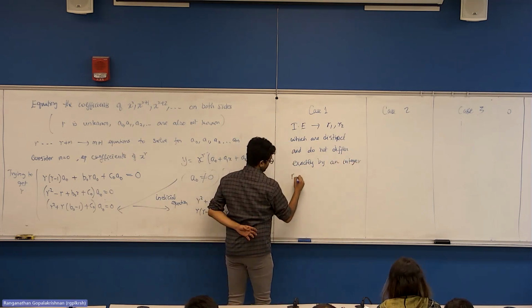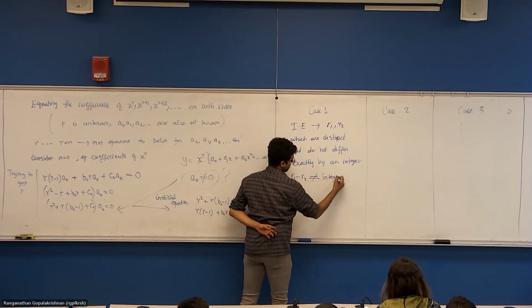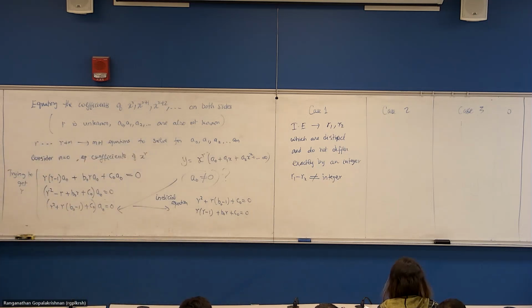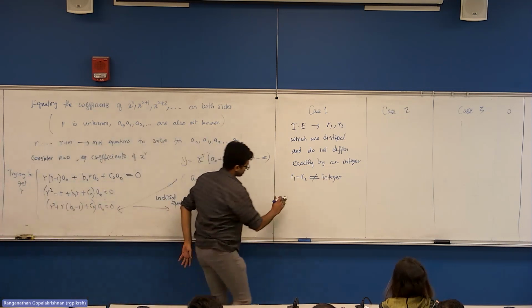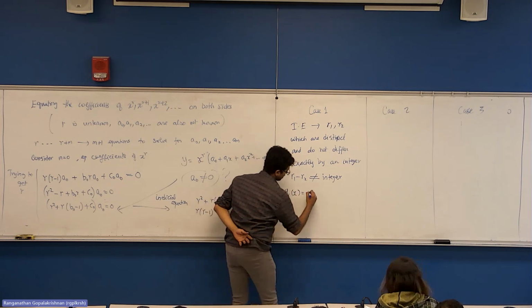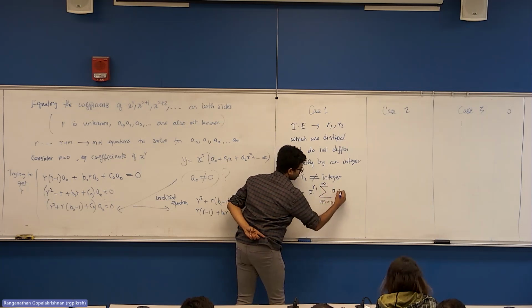That is, r1 minus r2 is not equal to an integer. In that case, we write y1 of x equal to x power r1 multiplied by an infinite series, m equals 0 to infinity, a_m x power m.